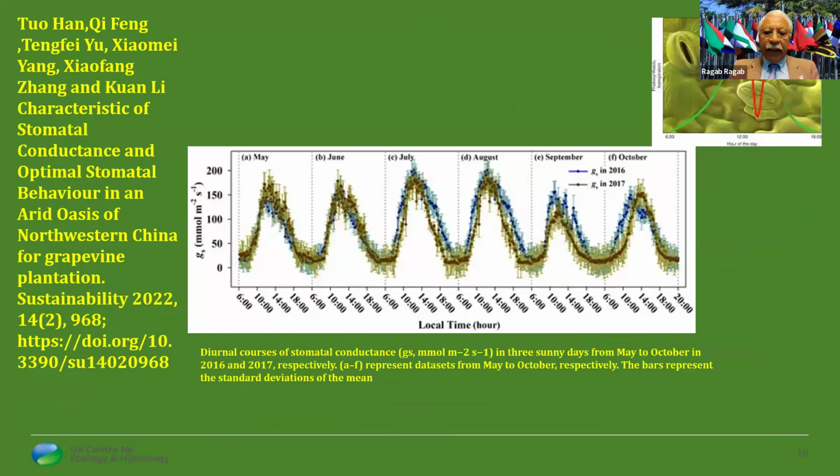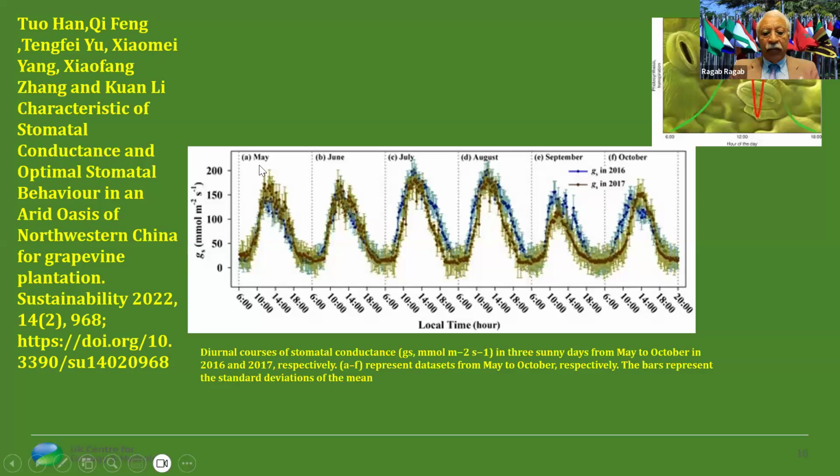However, the conductance or stomata resistance changes over the day in 24 hours, being at its lowest level at night time or early in the day, and then maximum at midday or noon. And also it varies with time during the season.